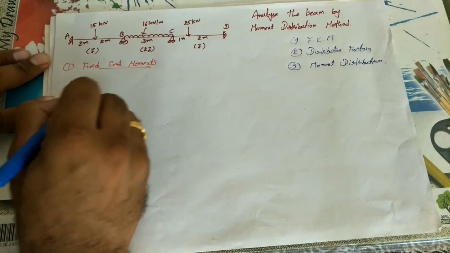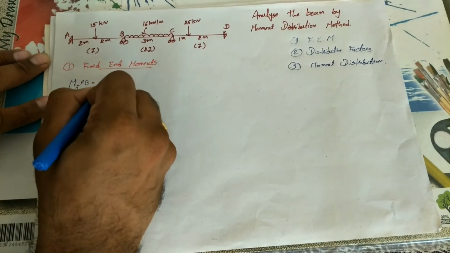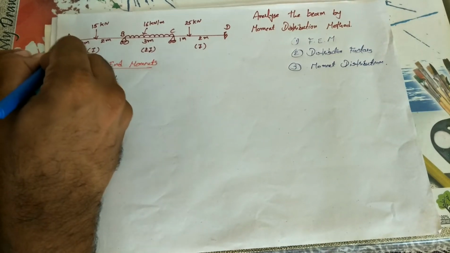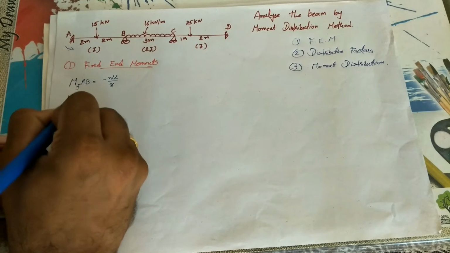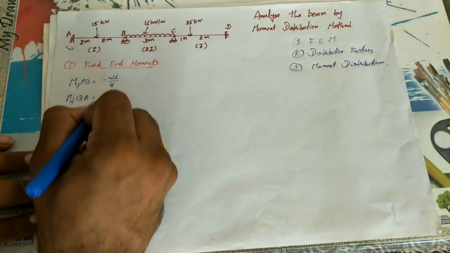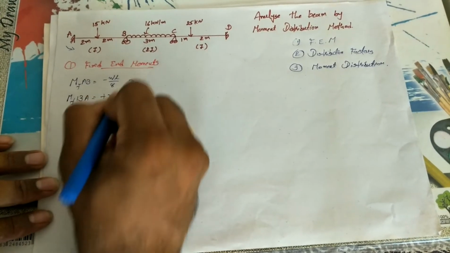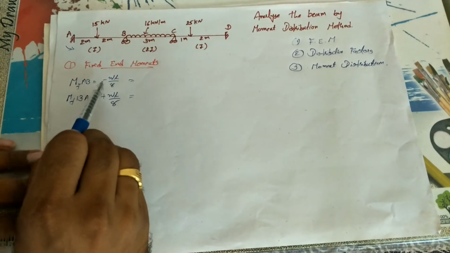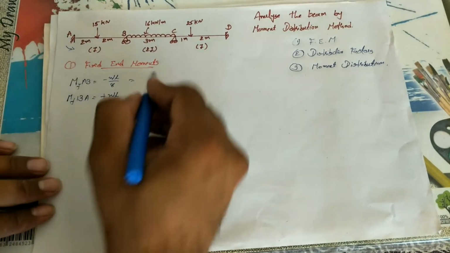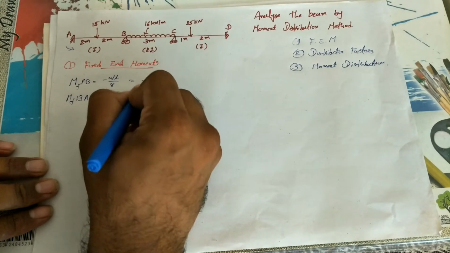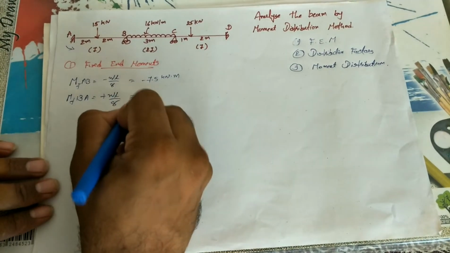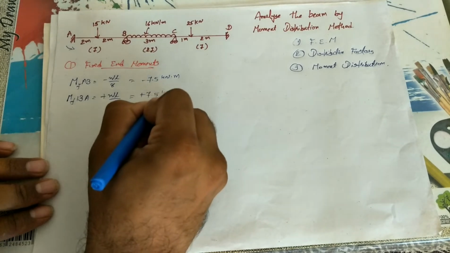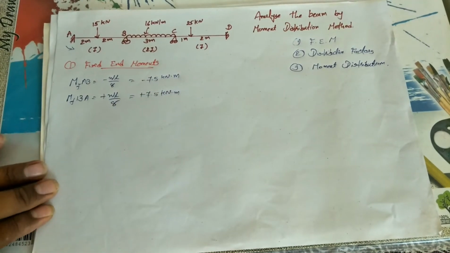So the equation is WL by 8, from A to B, and from B to A it is plus WL by 8. If we put the values, W is 50 and L is 4, so we get 7.5 kilonewton meter. Here this is plus 7.5 kilonewton meter.